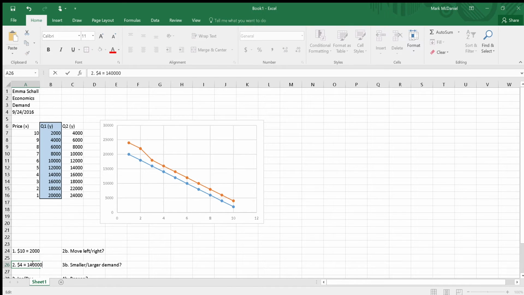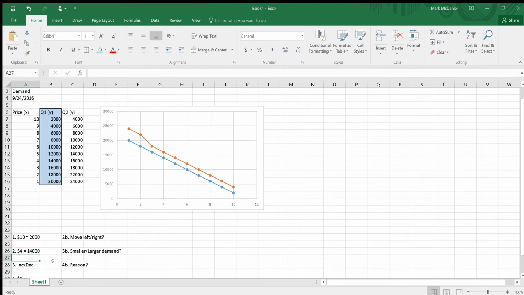So that is consistent with what we've talked about in the lesson, that as the price drops, the quantity demanded will increase. So it asked if the demand increased or decreased as a result of the price, and it increased.